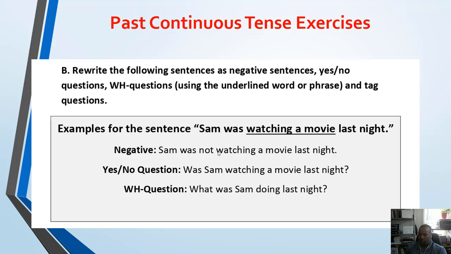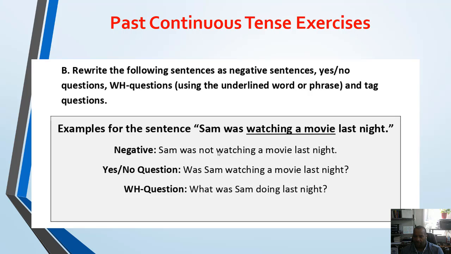So if we rewrite this sentence in the negative, we would write, Sam was not watching a movie last night. If we were rewriting the sentence to become a yes or no question, we would write, was Sam watching a movie last night?